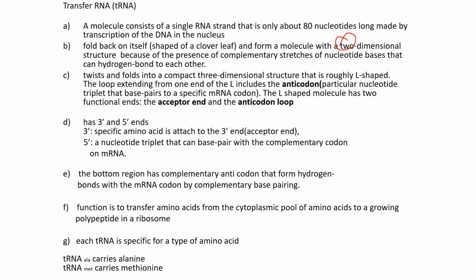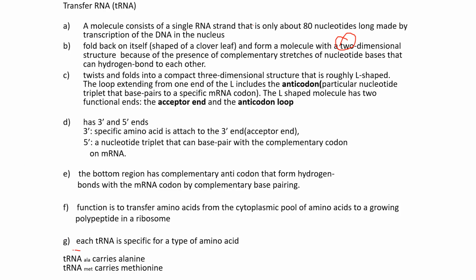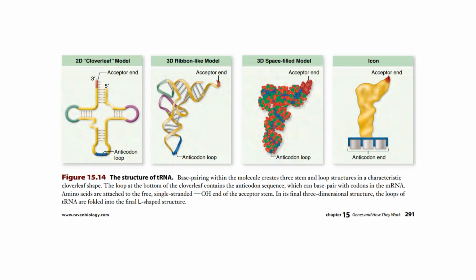Example, tRNA ALA, like what you see here, carries alanine, and tRNA MET carries methionine.